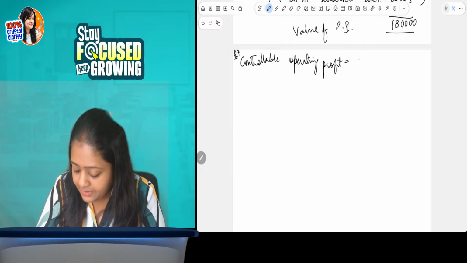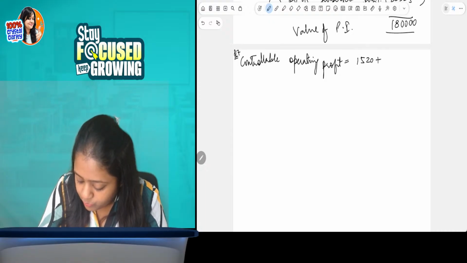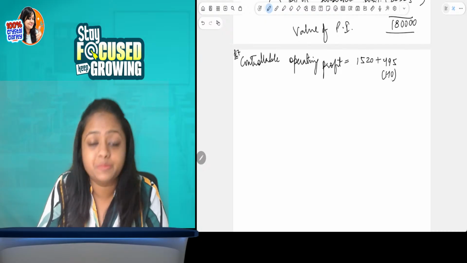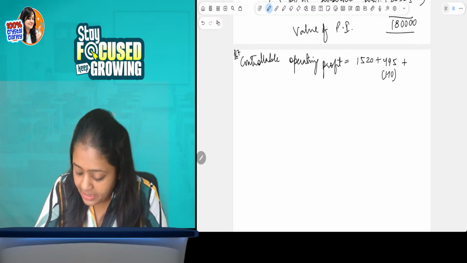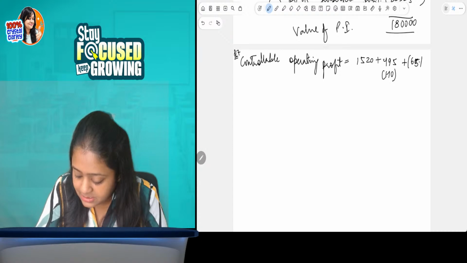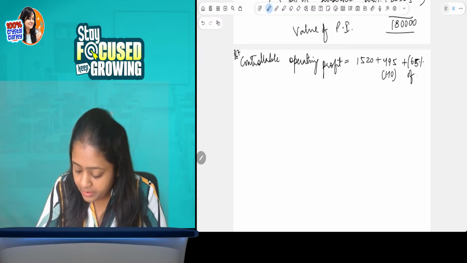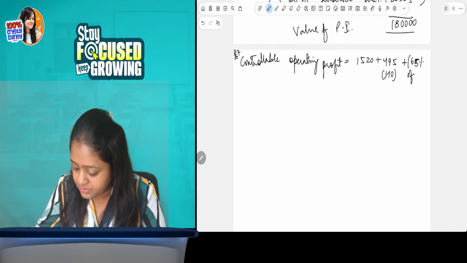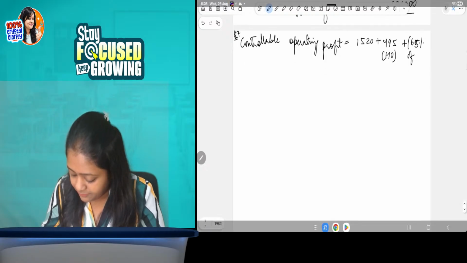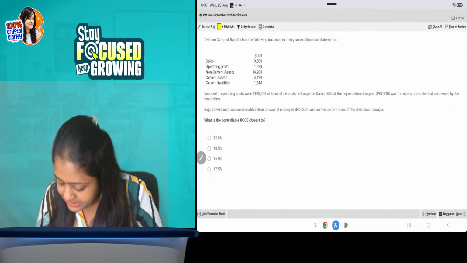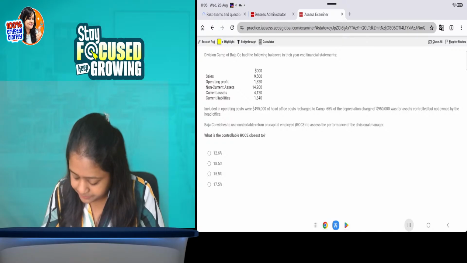Okay, so I will calculate 1520 as the operating profit. With this we have added back head office expenses of 495, and I will add back 65% of the depreciation. The depreciation was 950.